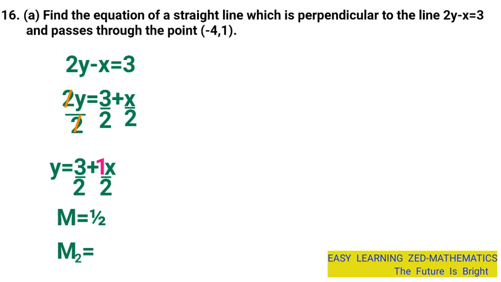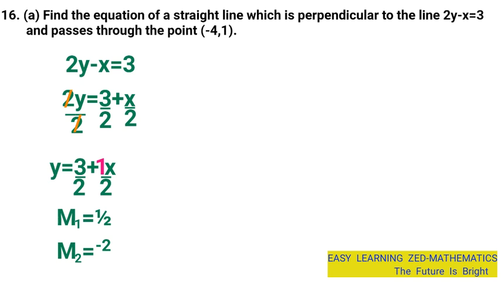That is gradient number 2, and the one I found earlier is gradient number 1. Gradient number 1 is for the first equation in the question, and gradient number 2 is the gradient for the equation we want to find. So the gradient will be -2 over 1.